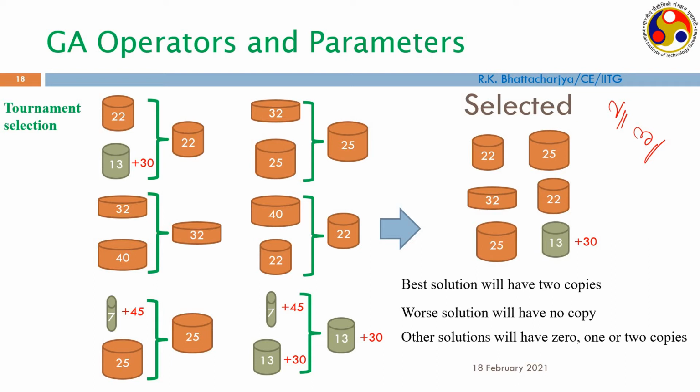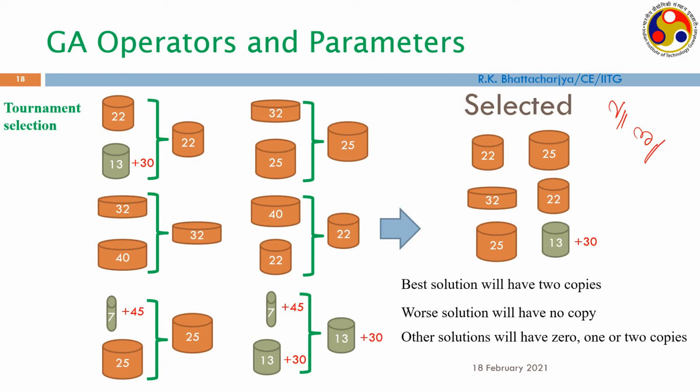Minimum is 2, and what is the maximum value? If I say 2 to 3, what will happen? The best individual will play the tournament 3 times, and every time he will be the winner. That means the best individual will have 3 copies if you increase the tournament size from 2 to 3. In case of 2, the best individual will have 2 copies, because he played the tournament twice.